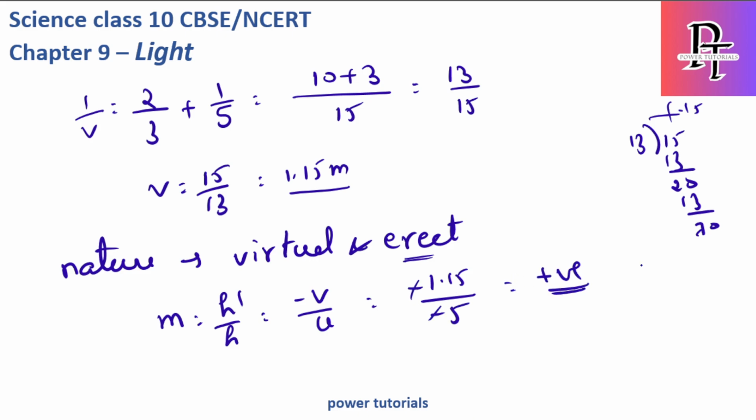If it is positive, then you can simply say that the nature is erect. If it is negative, then it is inverted. Something like this, we have a convex mirror, we have the object here, and the image created here will definitely be less in height than the object, and it will be erect. Why? Because we got the magnification as positive, so it is on the upper side.